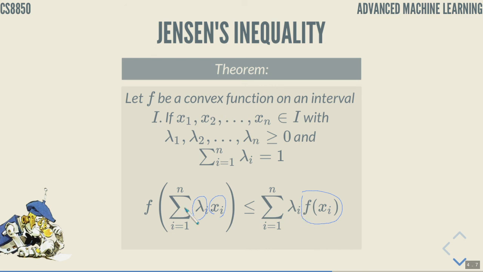See, we were able to put f inside of the sum if those conditions hold. But it's not an equality anymore, it's an inequality. We're guaranteed to get at least as large a function value as before.